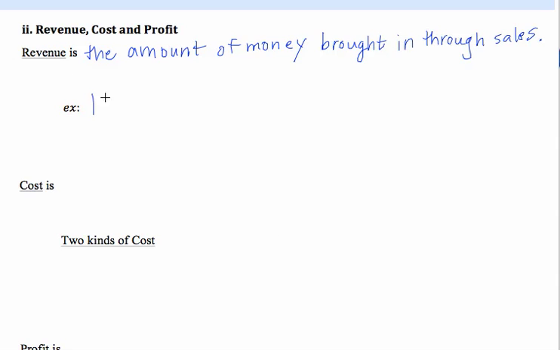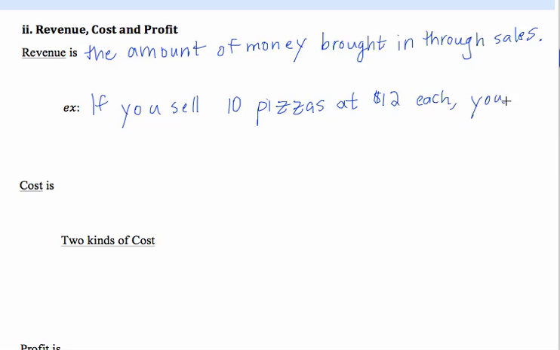If you're a pizza place and you sell, let's say, 10 pizzas, and your price is $12 each, well then you're bringing in $120. So your revenue is $120. You just multiply the 10 pizzas times the cost of each pizza.